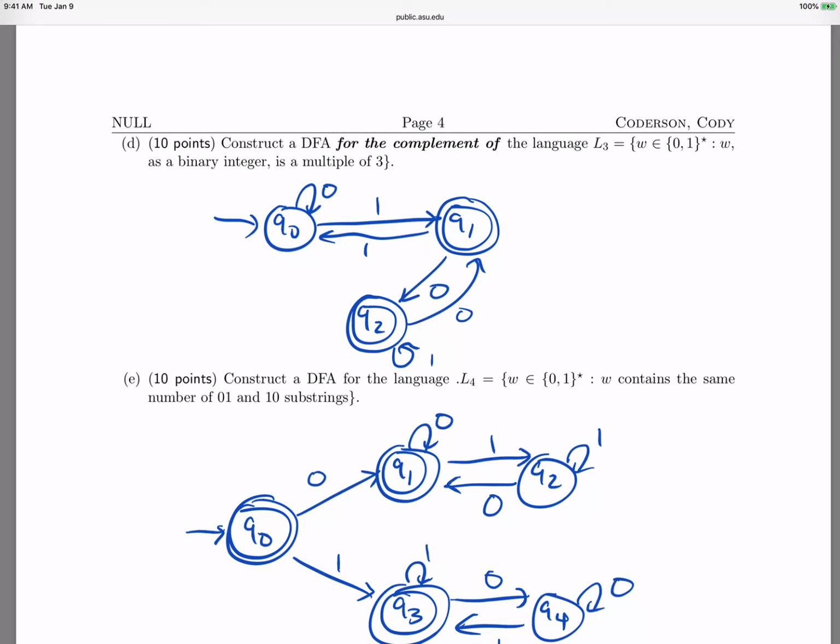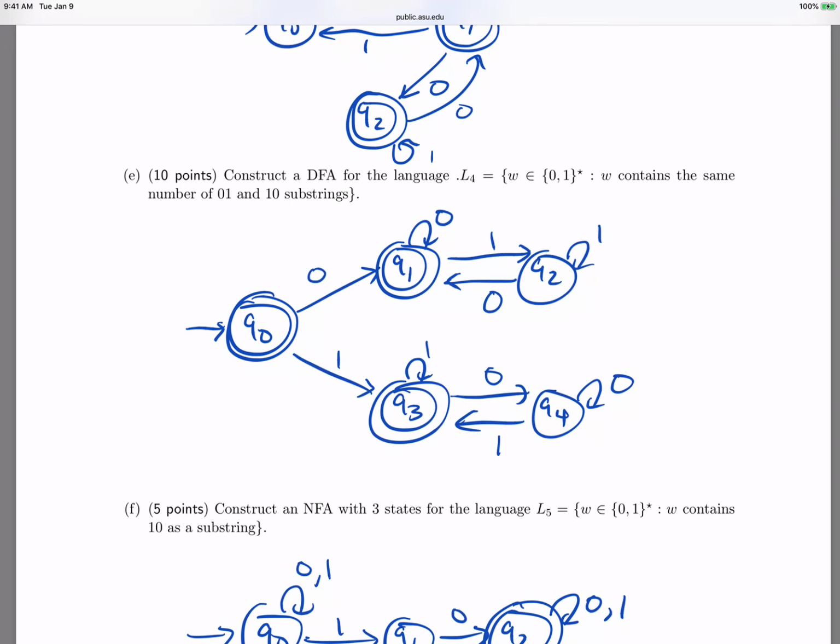In fact, we did this in office hours. If you read a 1, that corresponds to multiplying the number by 2 and then adding 1. Then it's just figuring out where you go from each of the 3 possible remainders. If you have remainder 0, then multiplying the number by 2, it is still divisible by 3. And then adding 1, you just go around the circle 1 state further ahead. Okay, so that's how you make that machine.